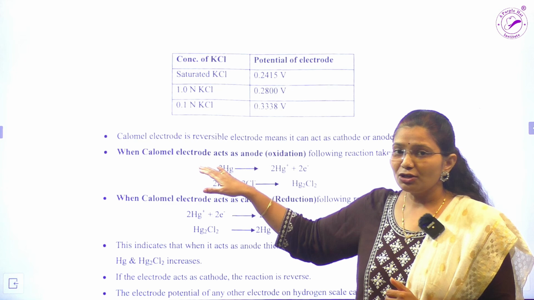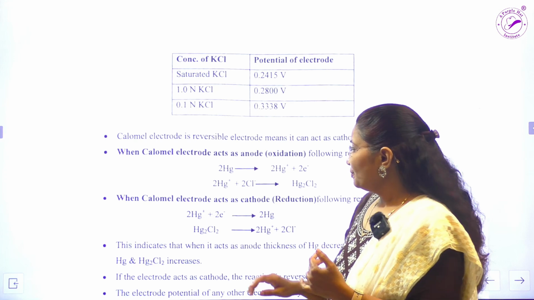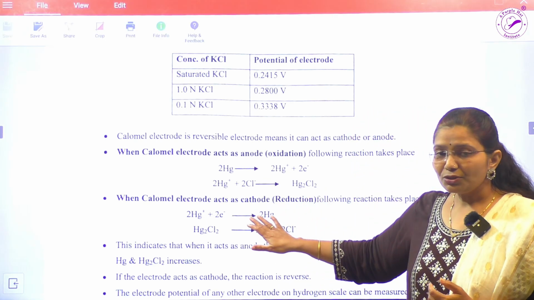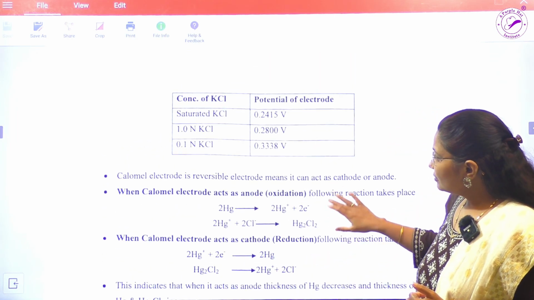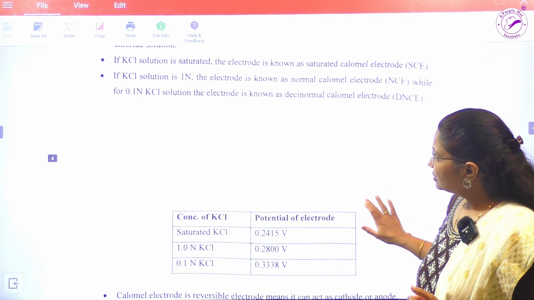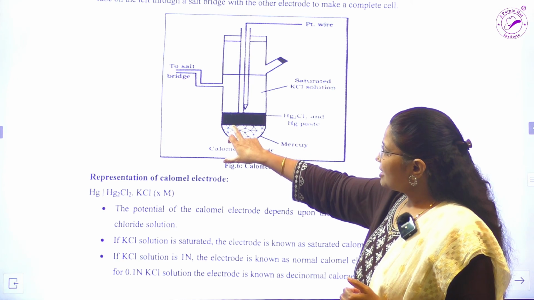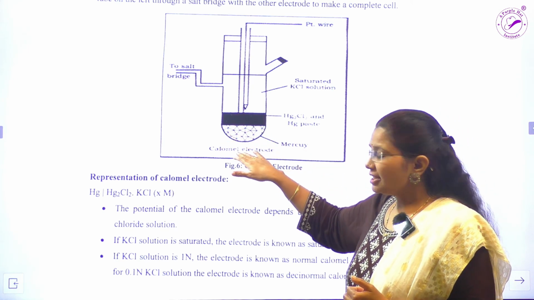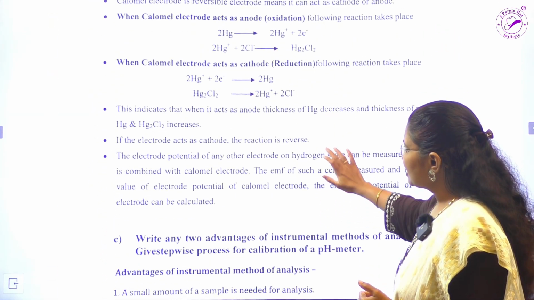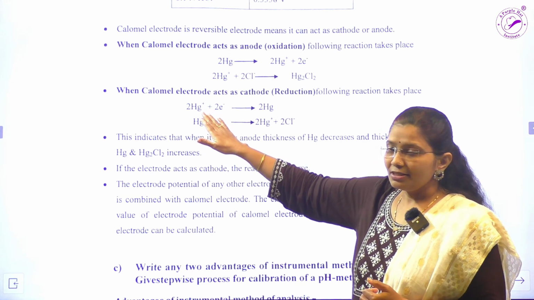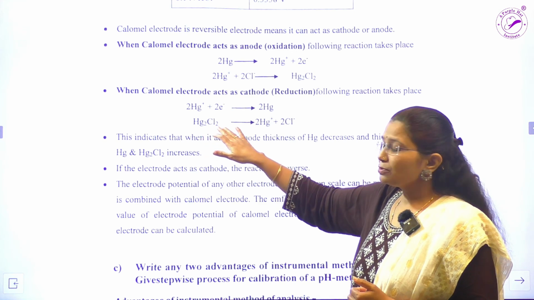So that is when the calomel electrode acts as an anode, that means when mercury acts as an anode. Then when the calomel electrode acts as a cathode, what happens? The mercury gains electrons here. The Hg2 plus ions formed gain electrons, and there is a formation of mercury and mercurous chloride paste.